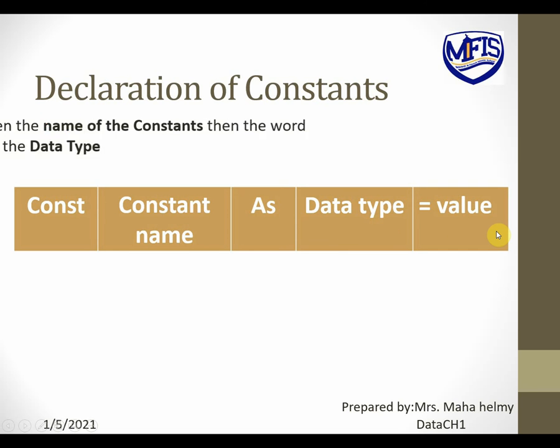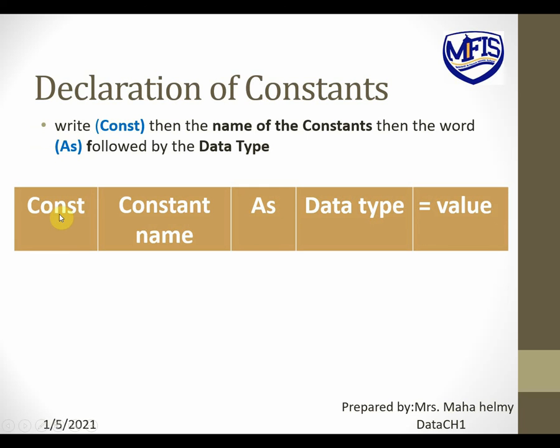So at the beginning we have to write the word Const followed by the constant name, then the word As, and we have to identify the data type for this constant. And because this is a fixed value and will not be changed during the program runtime, we have to identify a value at the beginning.